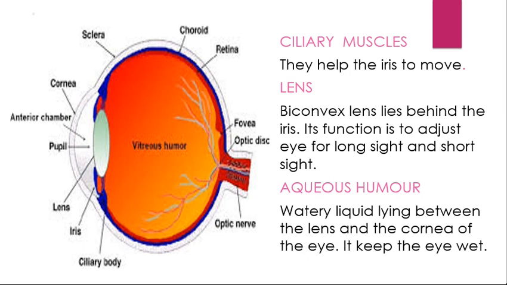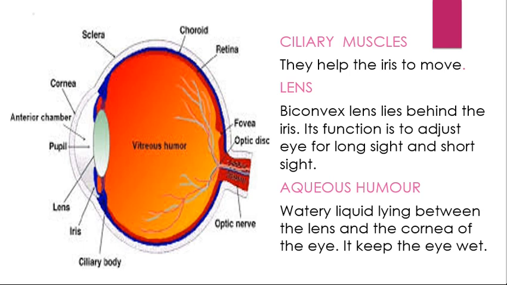Next is the aqueous humor. What is aqueous humor? The watery liquid which lies between the lens and the cornea of eye is called aqueous humor. What is the function of aqueous humor?